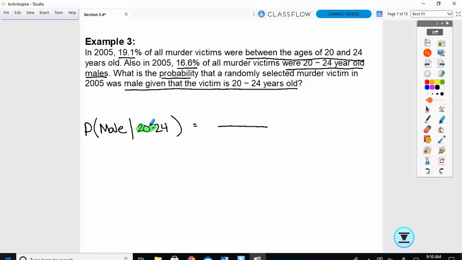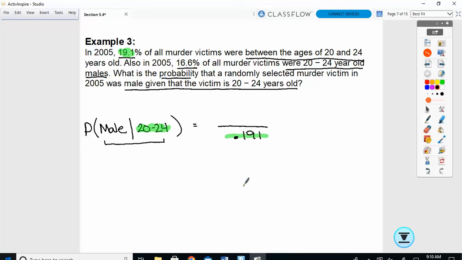So when you set this up, the denominator is your condition. What's the probability of being 20 to 24 years old? 19.1%. So I would change that to 0.191. The top, they have to be male and 20 to 24.